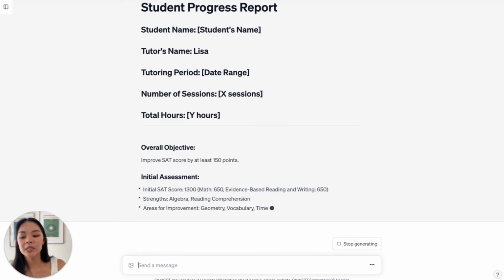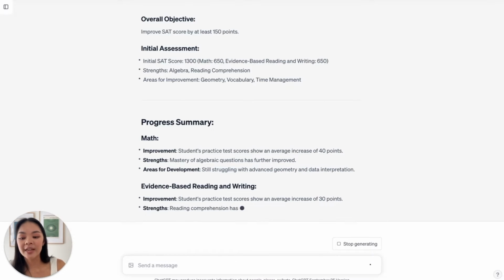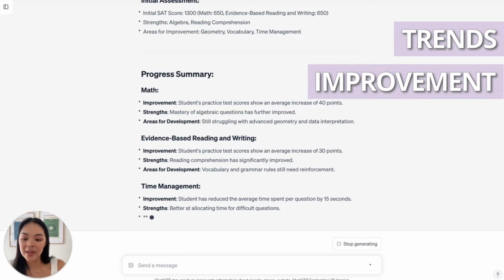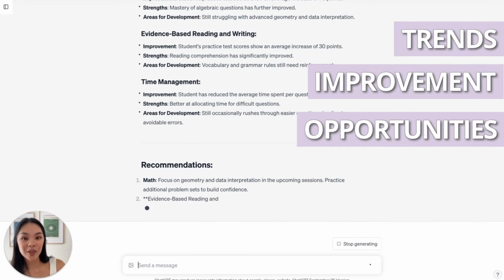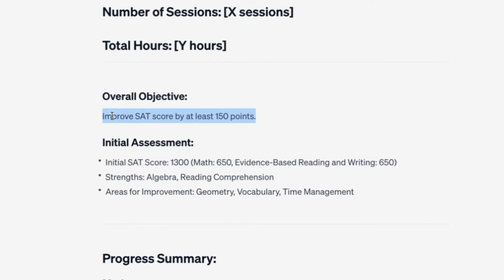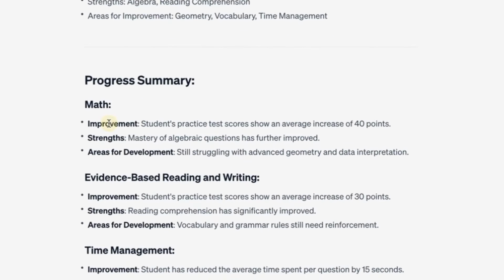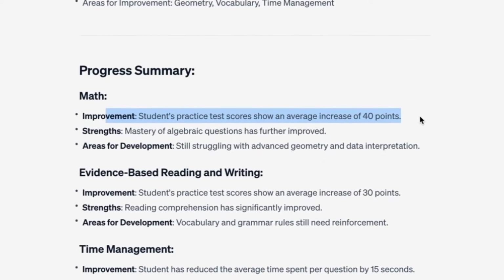By inputting student data and performance metrics, ChatGPT can help me identify trends, areas for improvement, and opportunities for further support for the student. Notice how even with my little input, it's created this overall objective of increasing the SAT score by at least 150 points, and it's created an initial assessment based off that and progress points that we want to try to strive towards, which is amazing.